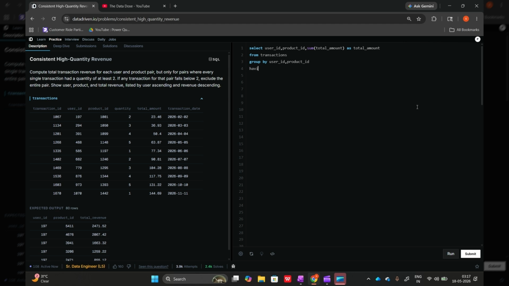Now I need to write a filter statement: HAVING minimum of quantity for that particular group is greater than or equal to 2, then only we need to have the user ID, product, and the total revenue.